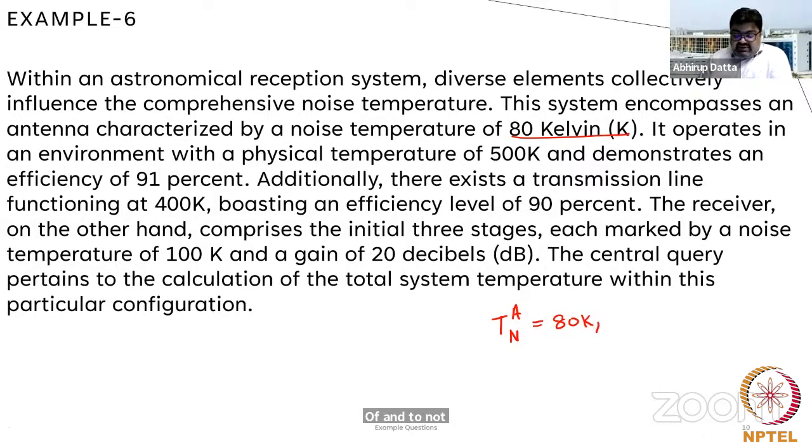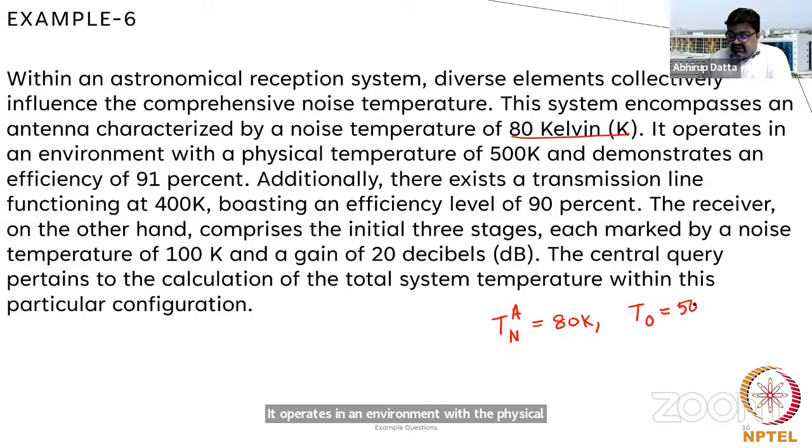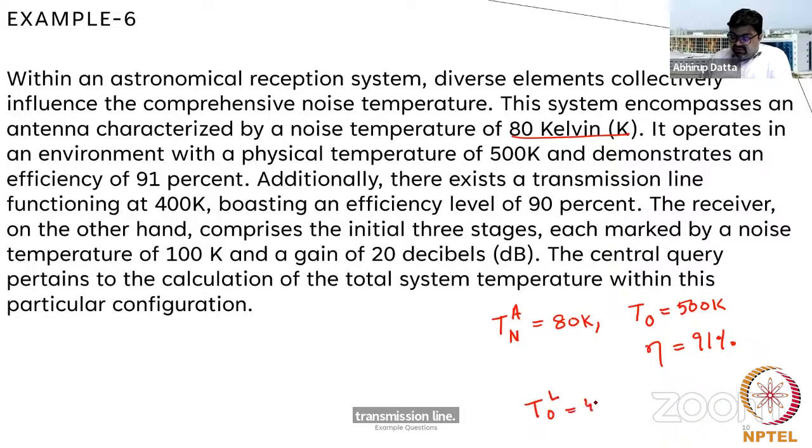It operates in an environment with an ambient physical temperature of 500 Kelvin, with an efficiency eta of 91%. Additionally, there exists a transmission line functioning at 400 Kelvin, with an efficiency of 90%.